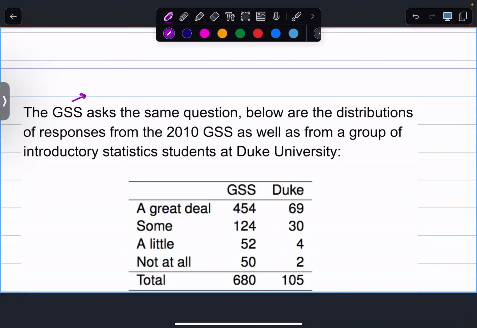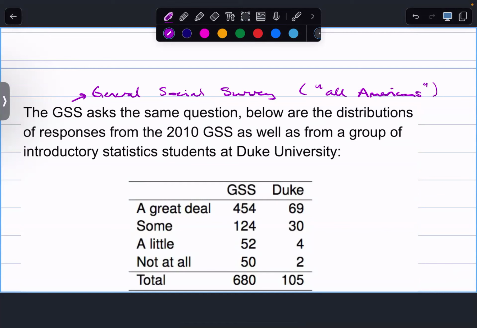The GSS, I think, is the General Social Survey that they do in the States. So we think of this as all Americans. That GSS survey represents all Americans. They take a random sample and ask them these questions.